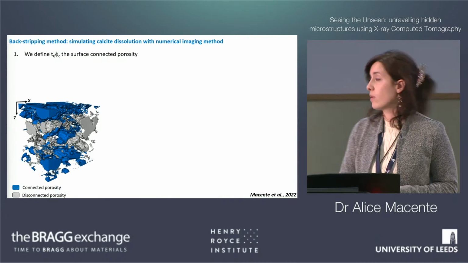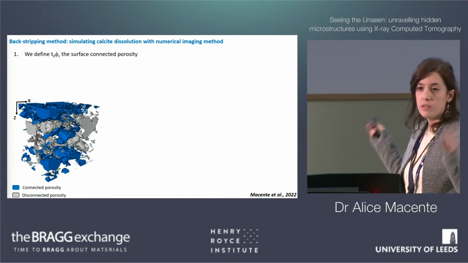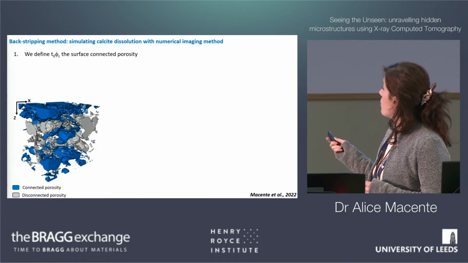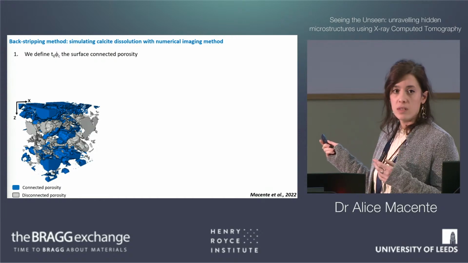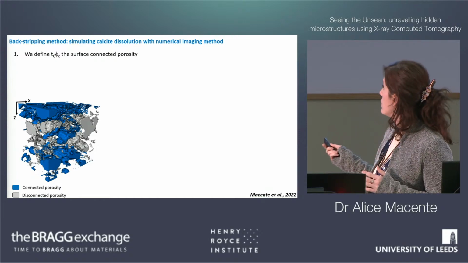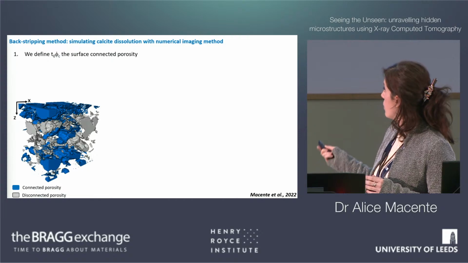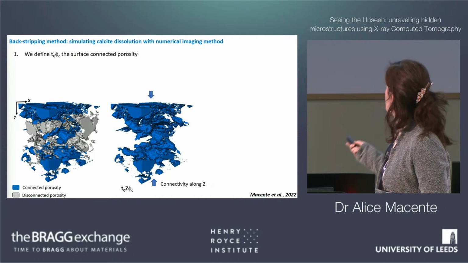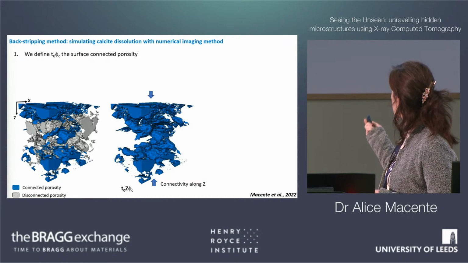So how does that work? We take all the porosity that we have now in our rock, and we define what we call the surface connected porosity. That is all the void content that is connected wall to wall along a specific surface, in this case, the Z direction.